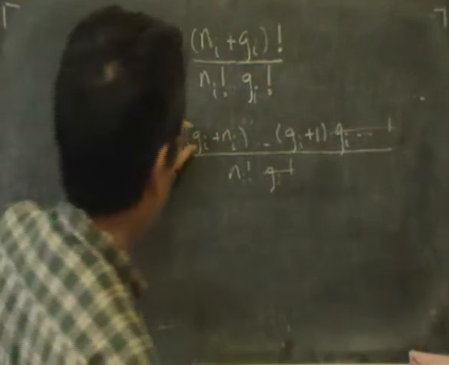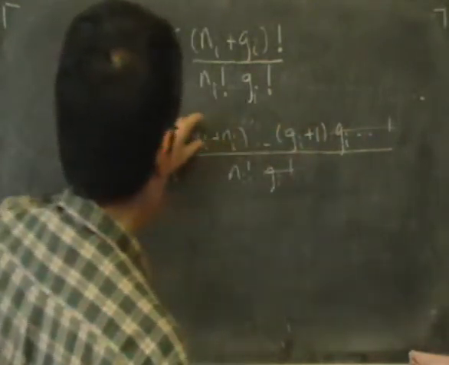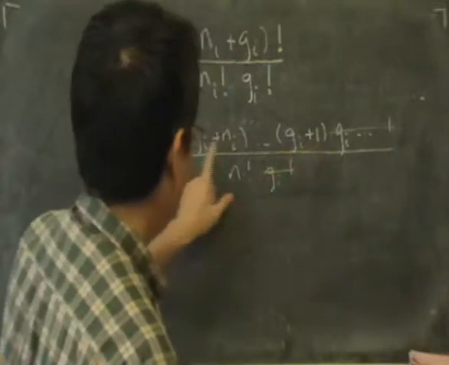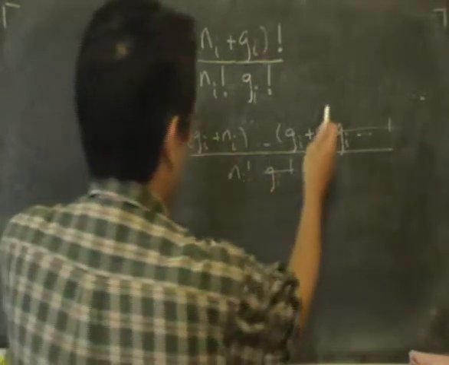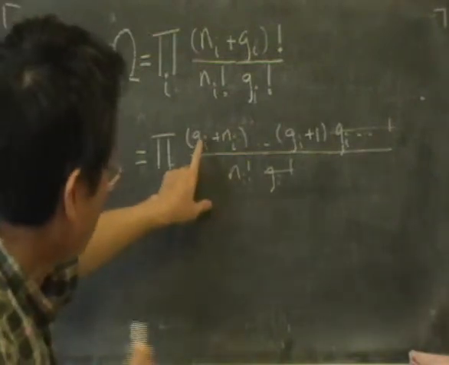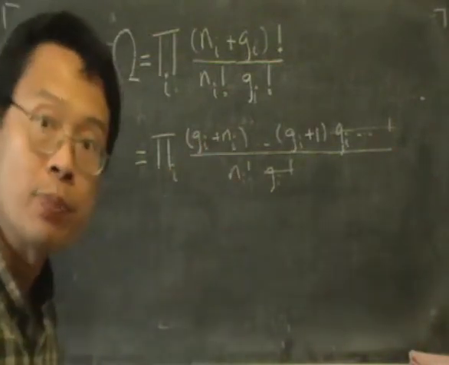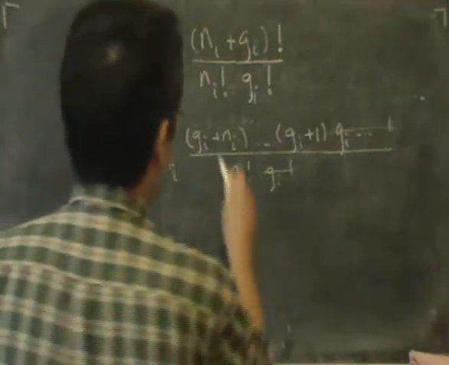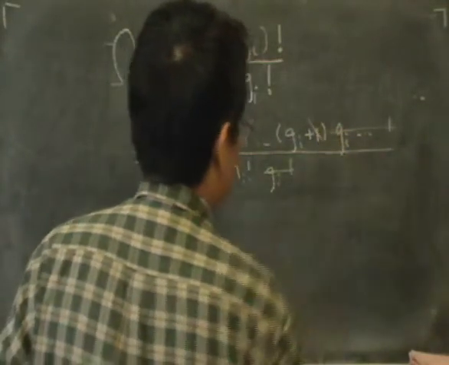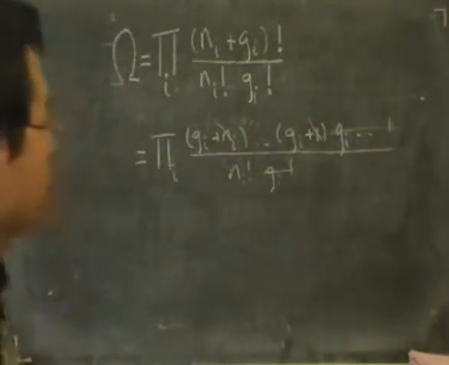Now what remains here, you see we are going from gi plus 1 all the way until gi plus ni. So there are actually ni terms here. But because the number of states gi is a lot bigger than ni, I can just neglect all the ni and the smaller numbers in each term.